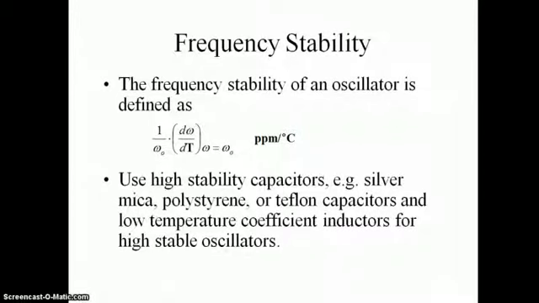The frequency stability of an oscillator is defined as 1 upon omega times d omega by dt, at omega equal to omega naught. Use high stability capacitors, for example silver, mica, or Teflon capacitors, and low temperature coefficient inductors for highly stable oscillations.